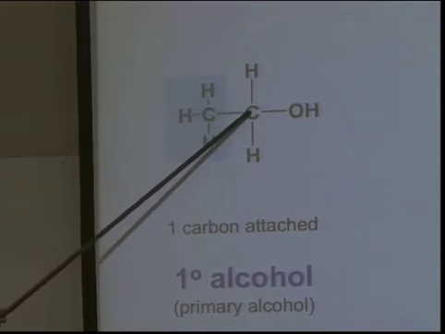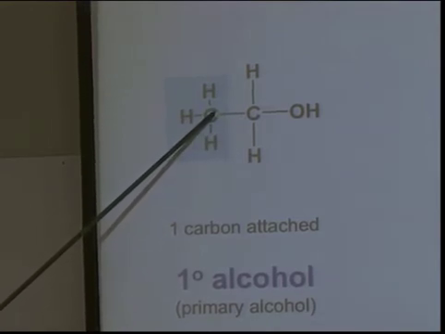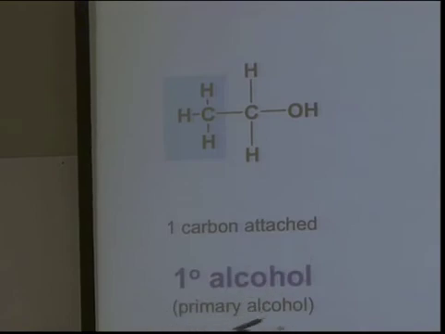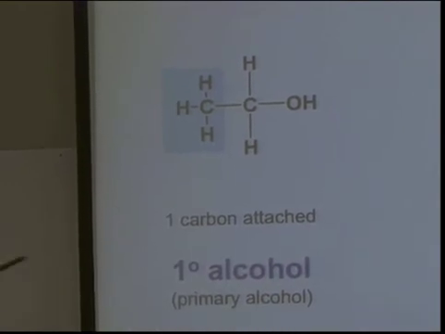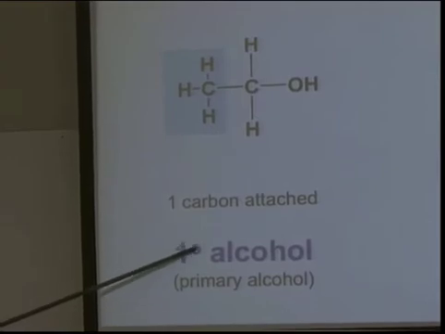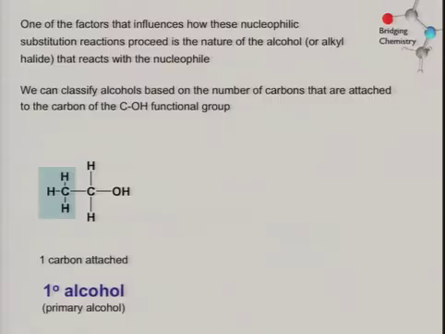The point is that this carbon has 2 hydrogens and 1 carbon attached to it. If your alcohol is like that, then it's given the name of a primary alcohol. Or if you like the wee symbols, the one with the wee circle, that means primary. So a primary alcohol is one where the carbon that has the OH leaving group on it also has 2 hydrogens and 1 carbon attached to it.